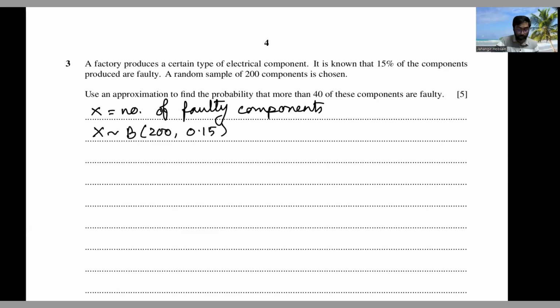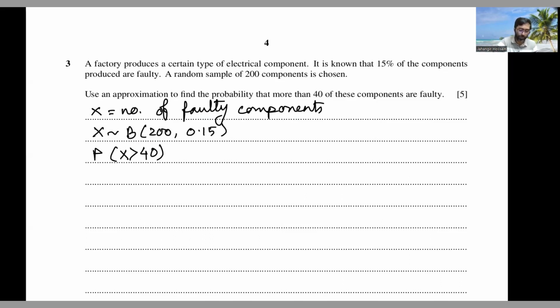But n is large here. We have to find the probability for X greater than 40, so X can be 41, 42, up to 200. It's quite impossible to calculate the probability for each of these numbers and add them. So what we do here is use an approximation.